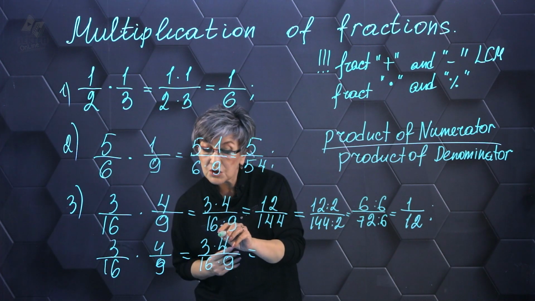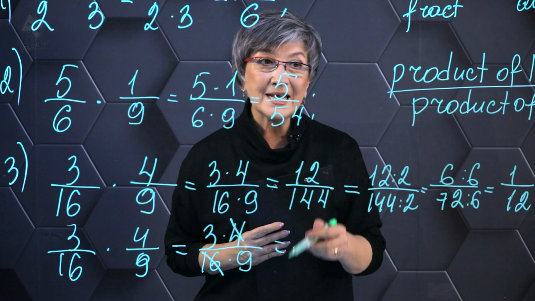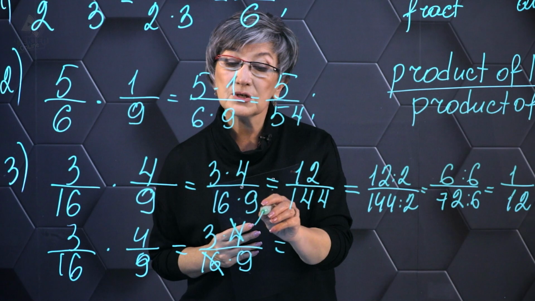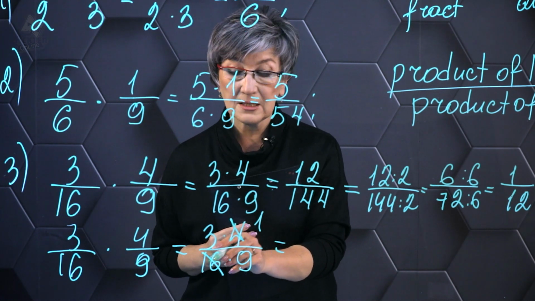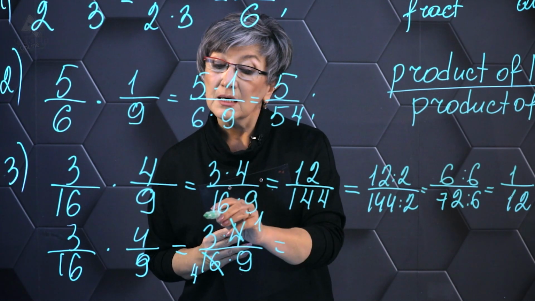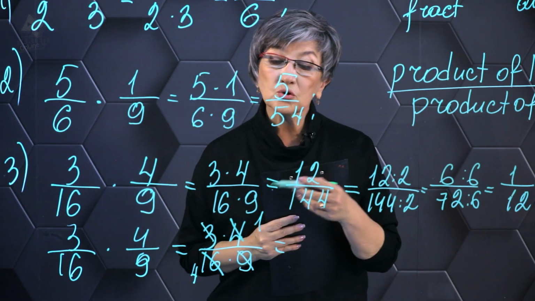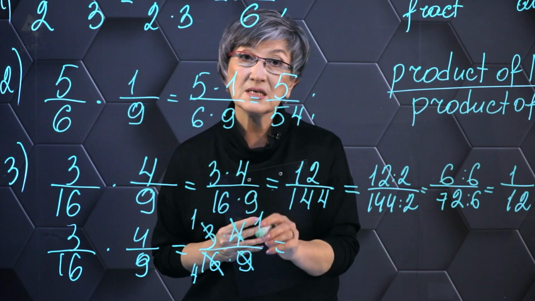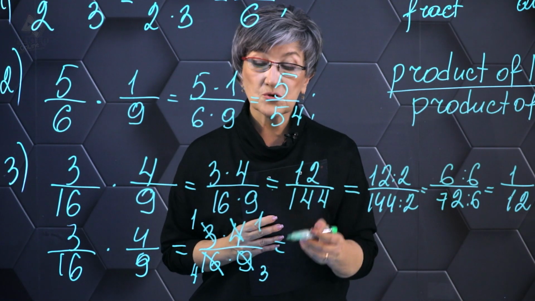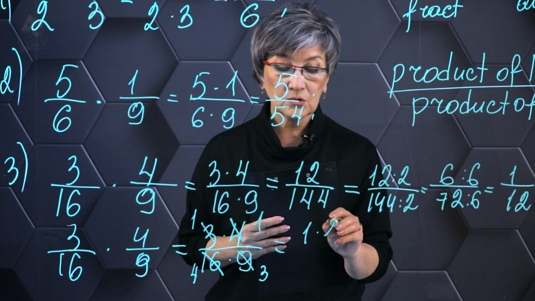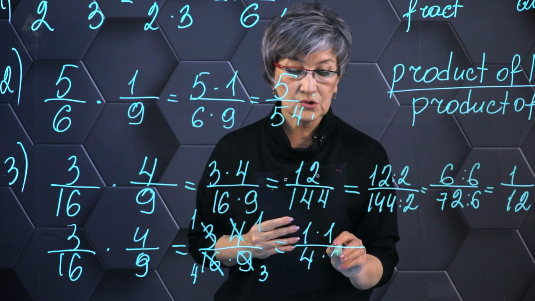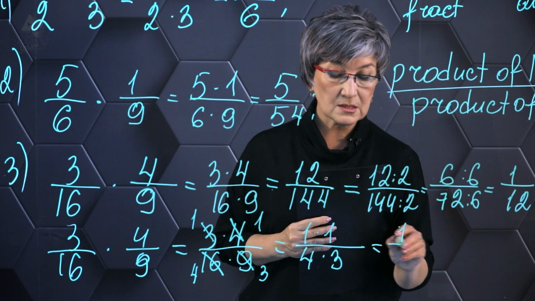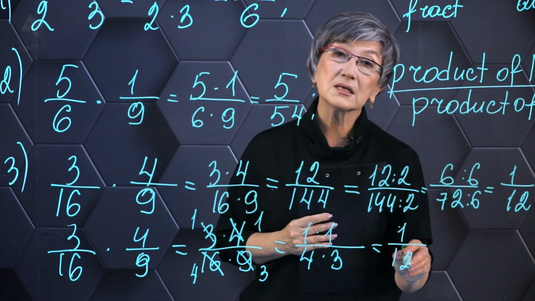What do I see? 4 and 16 are divided by 4. 4 divided by 4 is 1, and 16 divided by 4 is 4. 3 and 9 can also be reduced. 3 divided by 3 is 1, and 9 divided by 3 is 3. This leaves me with 1 times 1 and 4 times 3. Multiplying the numerator by the numerator, I will have 1, and the denominator will result in 12.